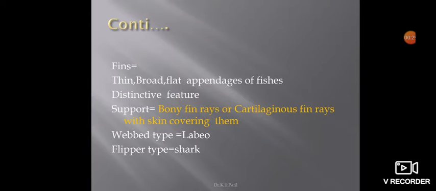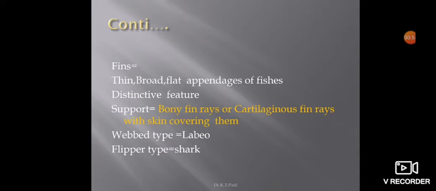So see the slides. Fins are nothing but thin, broad, flat appendages. They are anatomical features of fishes that help with identification as well as classification. These fins are supported by bony fin rays or cartilaginous fin rays.